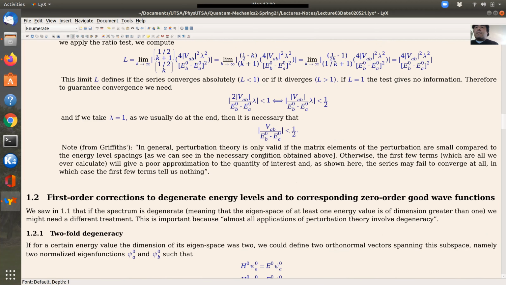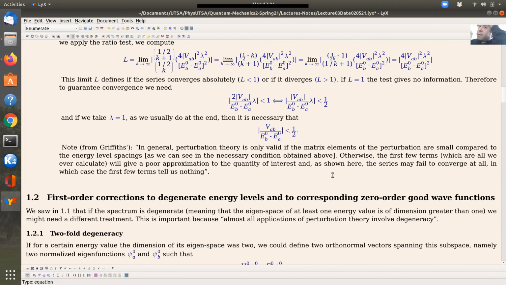But this is telling you that the size of the perturbation in terms of energies has to be small with respect to the energy difference, because if not, you would fail. Otherwise, as is indicated in Griffiths, the first few terms will give a poor approximation and the series may fail to converge. This is what I want to explain in a couple of things.